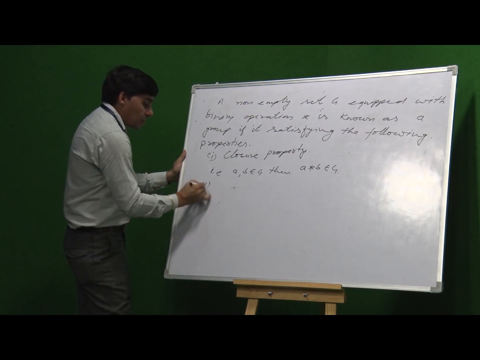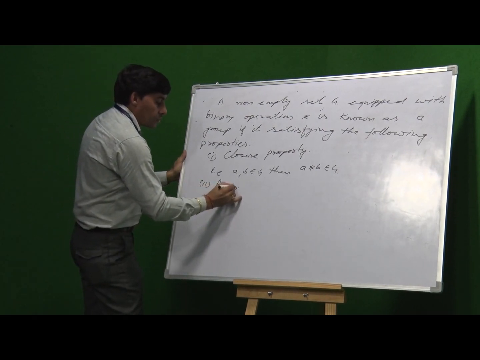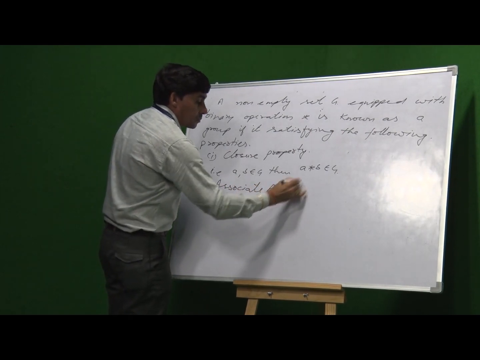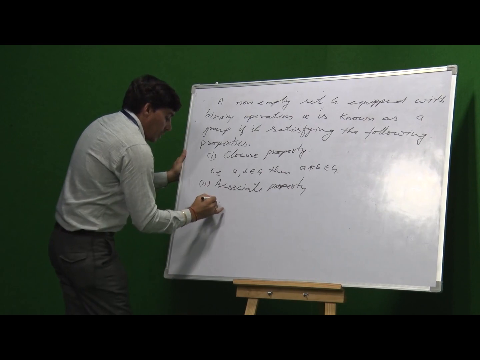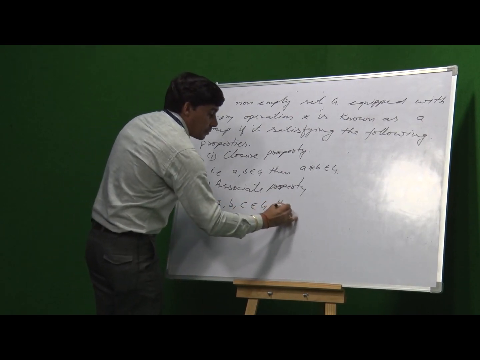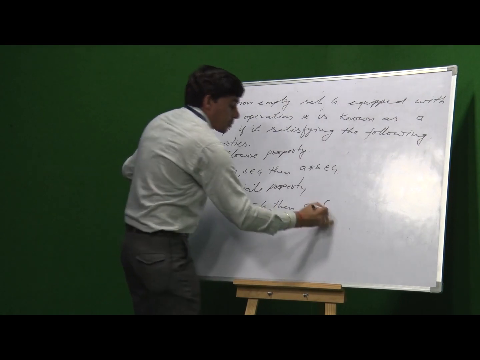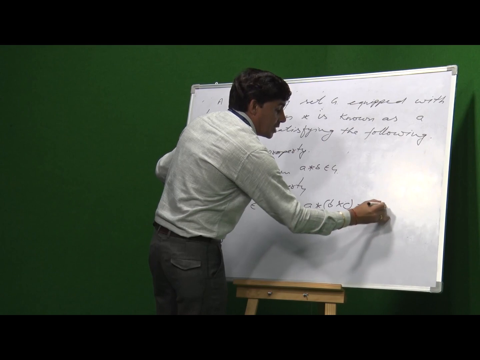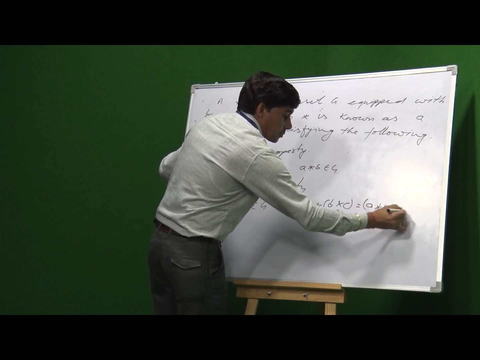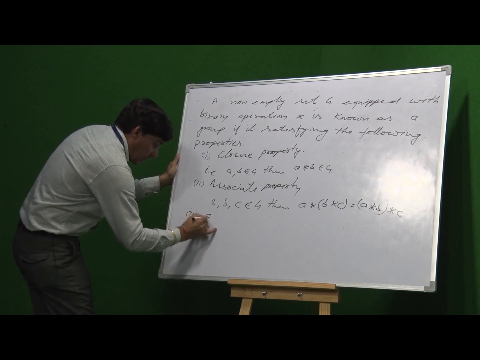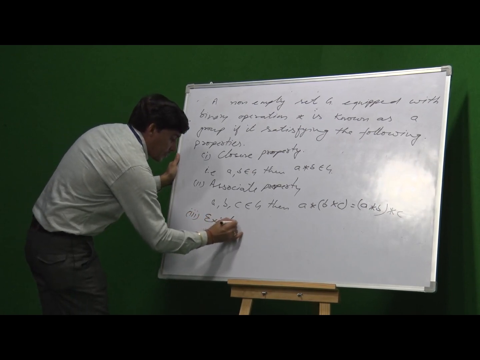Second, associative property. If a, b, c belong to G, then (a star b) star c is equal to a star (b star c). Third, existence of identity.